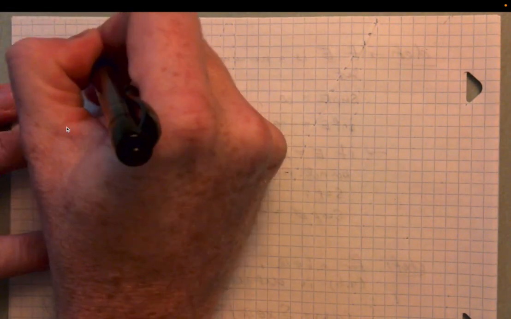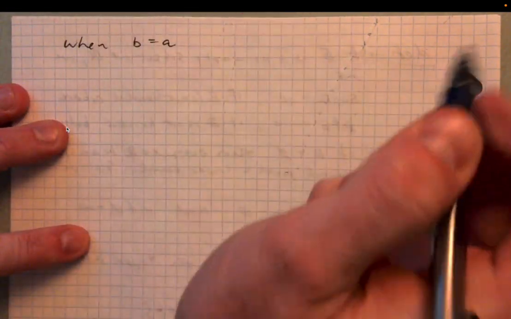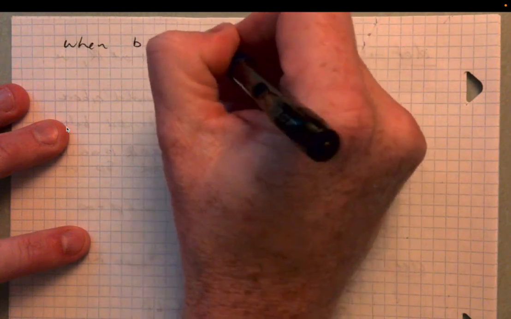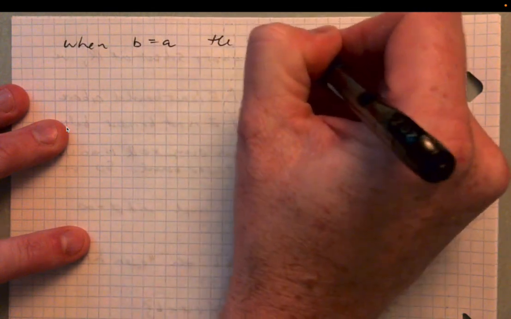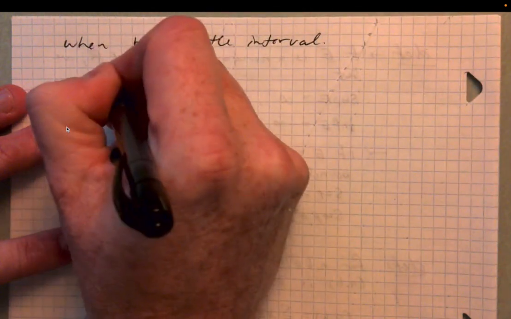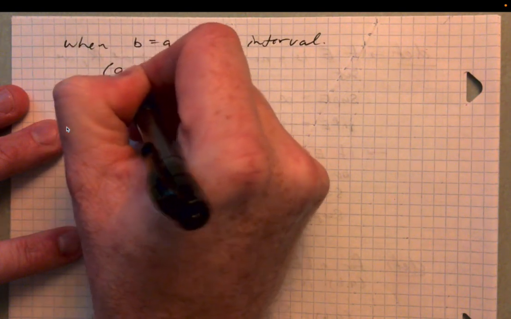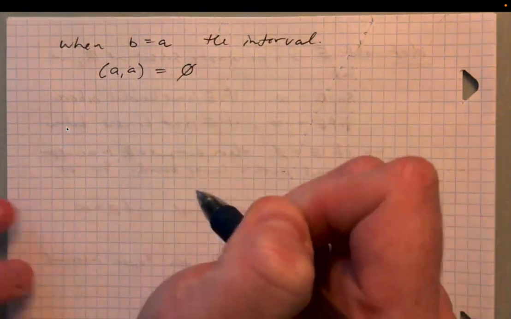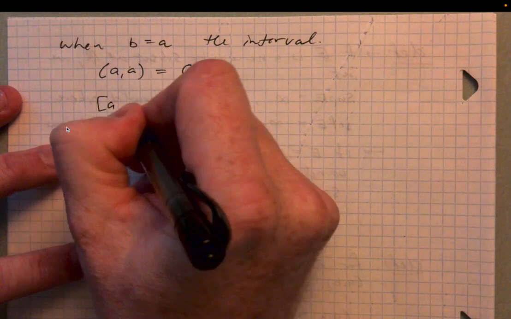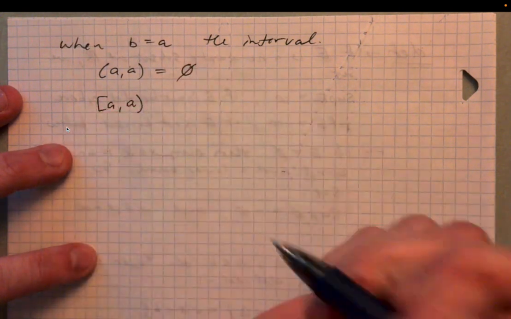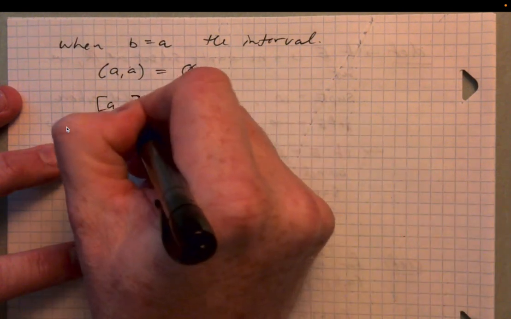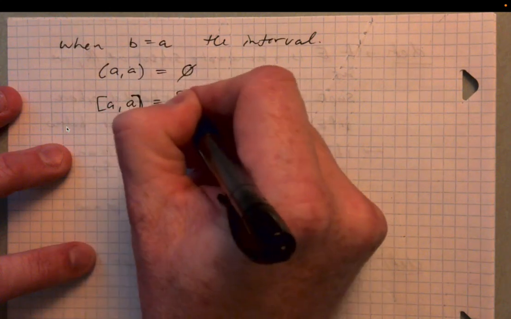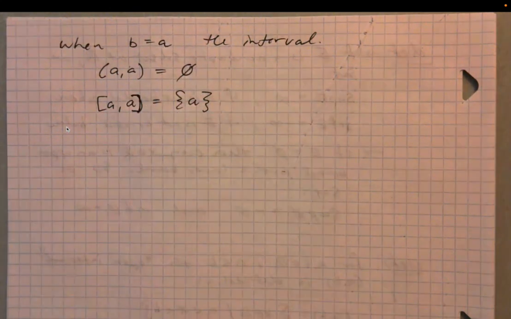So now, of course, when b is equal to a, you have two options, right? You can have a comma a open, which of course is the empty set. You can also have a comma a closed, which would be just the singleton a, naturally.